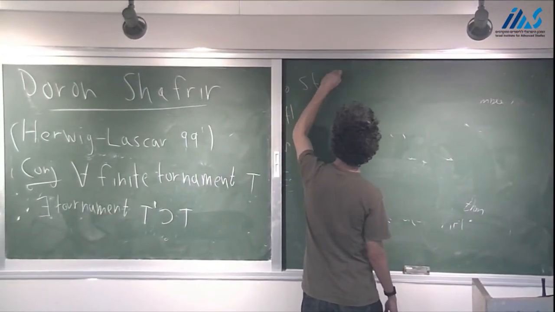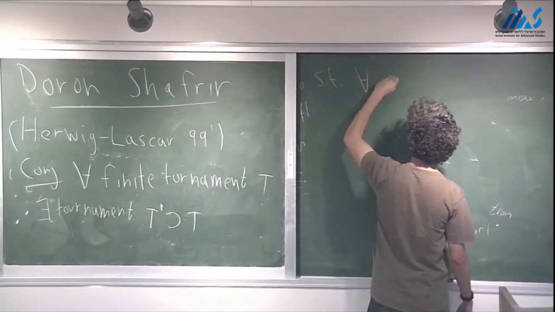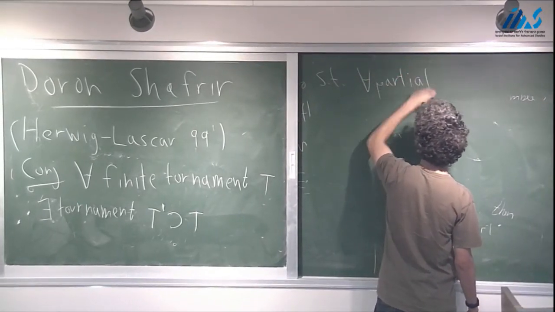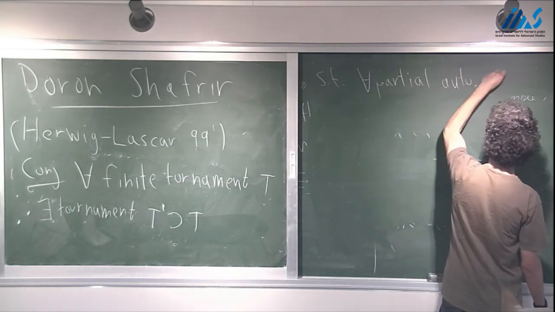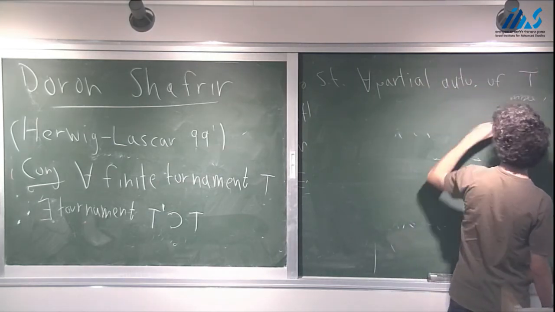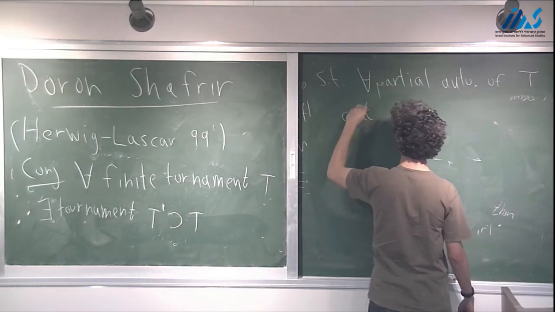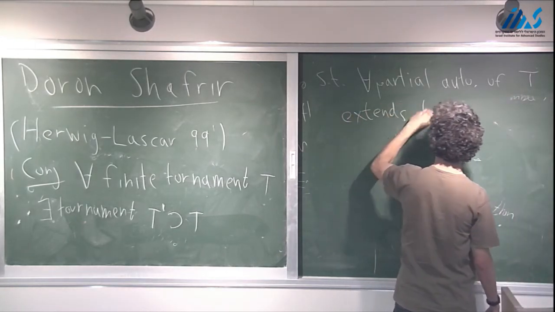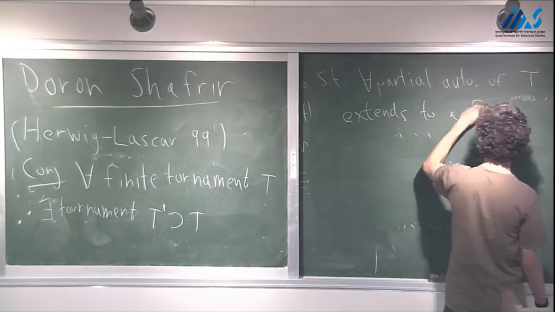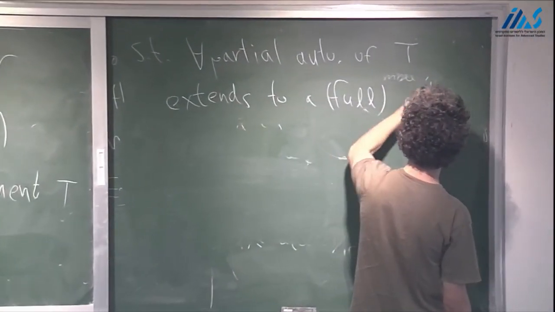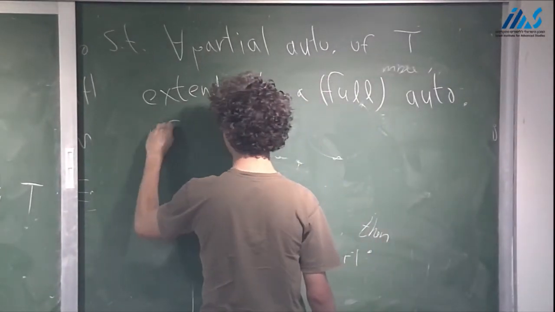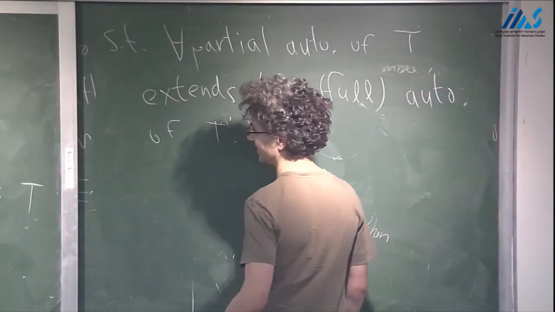I'm going to explain everything, but I'll just write it first. Every partial automorphism of T extends to a full automorphism of T'.